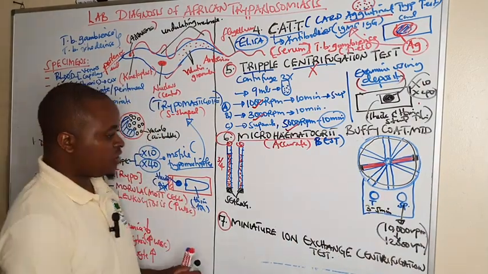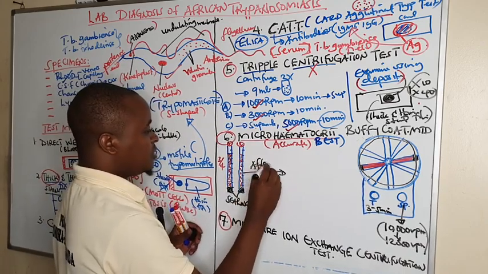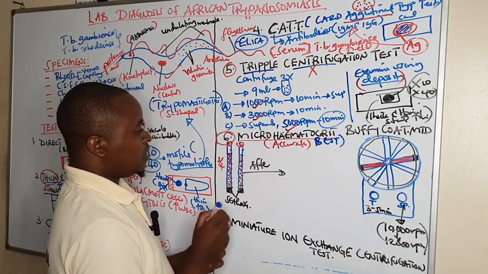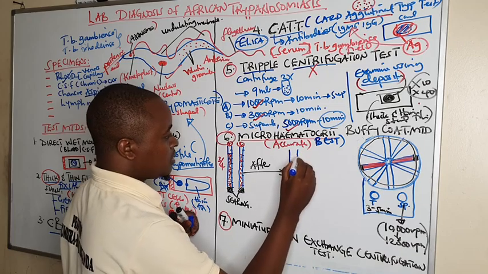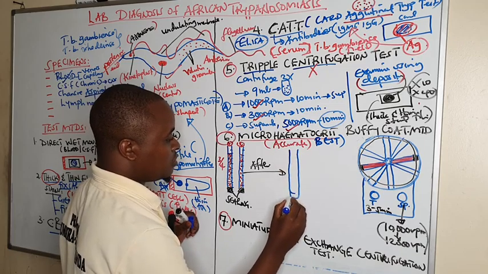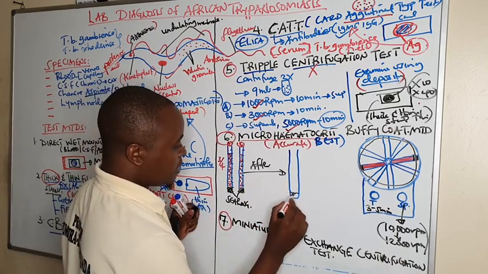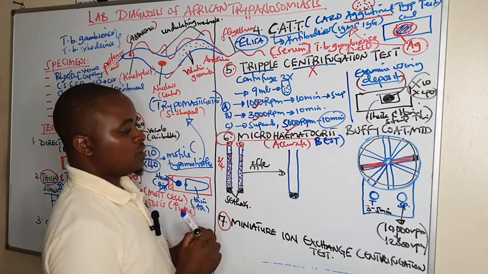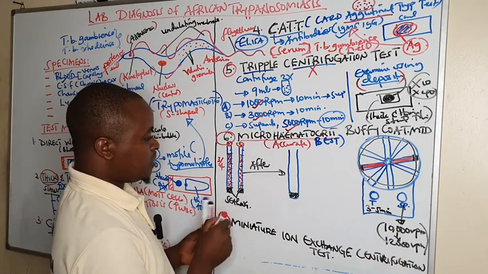After centrifuging, if this is the capillary tube, sealed at one end with the plasticine, we have obtained the cells.